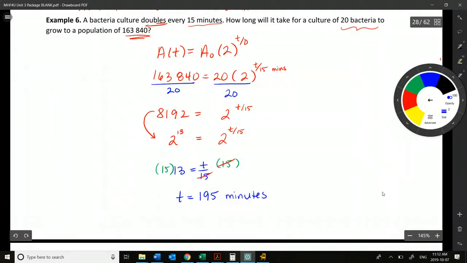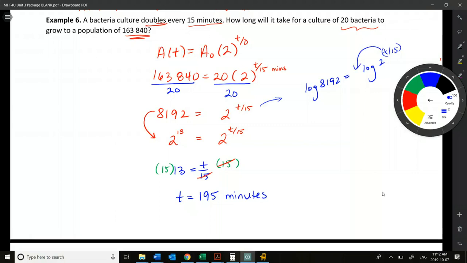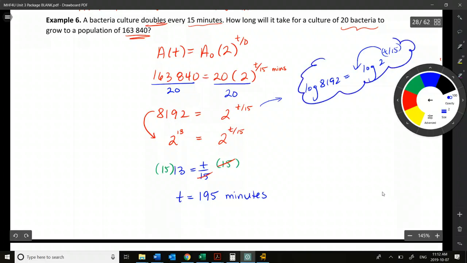If I were to use log, we've done a couple of examples of this in the past, and then I could bring this down, and then divide by log 2, and then multiply up 15. So can you use this method? Yes, but I think common bases is a little bit quicker here.